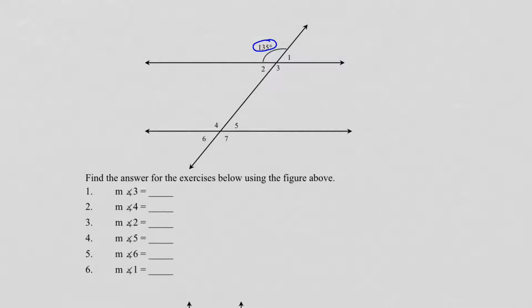So the measure of angle 3, since these are vertical angles, that's going to be the same thing. So this is going to be 135.